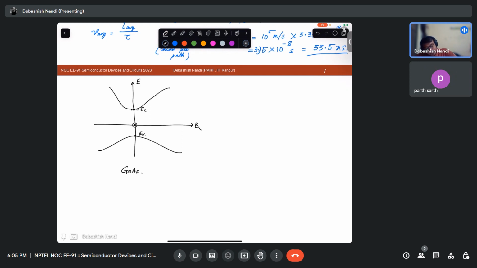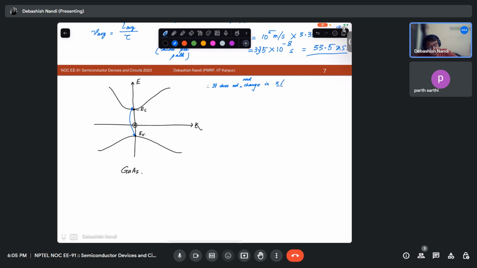What does that imply? That if an electron is to jump from this place to this place, it does not need a change in K, or momentum.